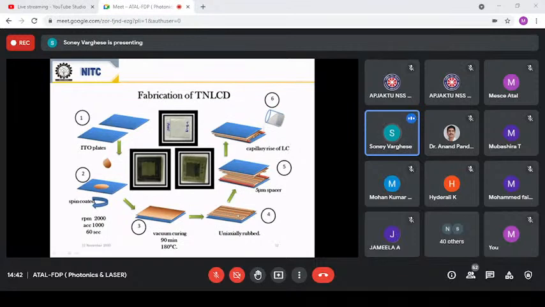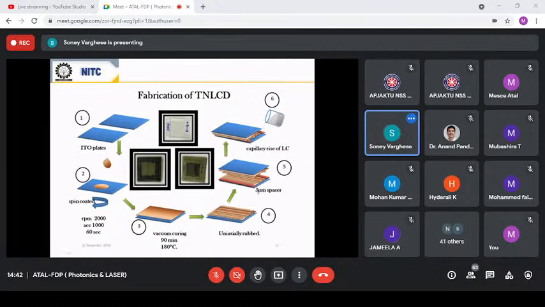Rubbing process, actually what happens is that rubbing will be done on a velvet cloth, right? We are rubbing your substrate on a velvet cloth, and because the velvet cloth contains small fibers, that will introduce some scar or scratch on this polyimide film, right? So small grooves will be formed, right?